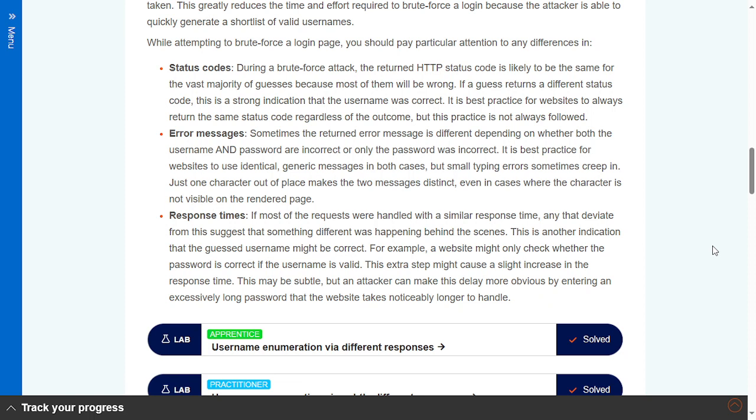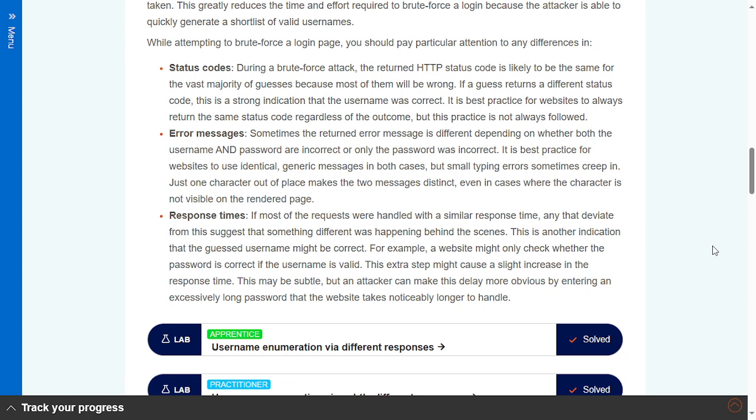And response times. If most of the requests were handled with a similar response time, any that deviate from this suggests that something different was happening behind the scenes. This is another indication that the guessed username might be correct.